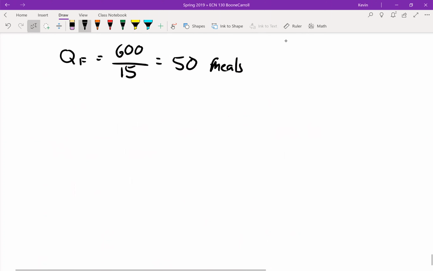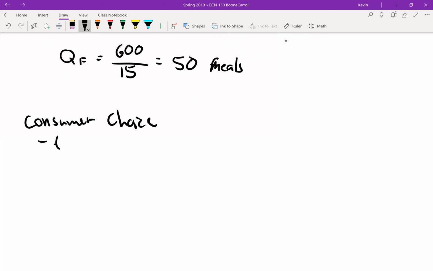So when we think about our consumer choice theory, it's going to look at other choices like this, but the big thing about consumer choice is going to be the trade-offs that consumers face. We have a choice to work more or work less. We have a choice of what allocation of goods we want to buy.